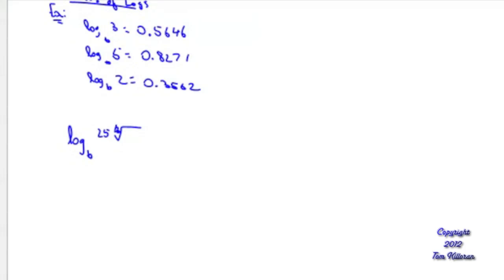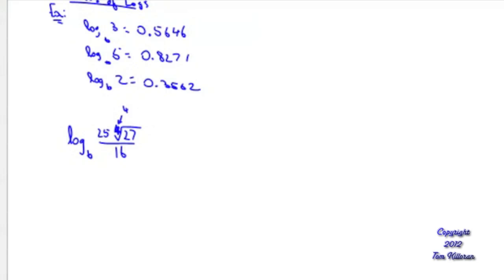Oh, that's a 4th root of 27 over 16. So the only thing I'm given is log of 3, log of 5, log of 2, and its respective answers. And I need to evaluate this thing. So what do you think I'm going to have to do with all these numbers that are in here, the 25, the 27, and the 16?